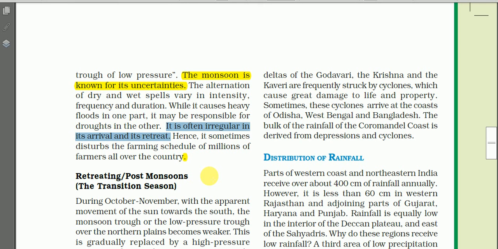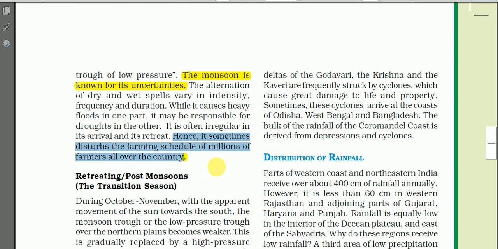About the withdrawal also, it may withdraw too early or late. That is why it is said to be irregular in its arrival and retreat, and hence it sometimes disturbs the farming schedule of millions of farmers all over the country.